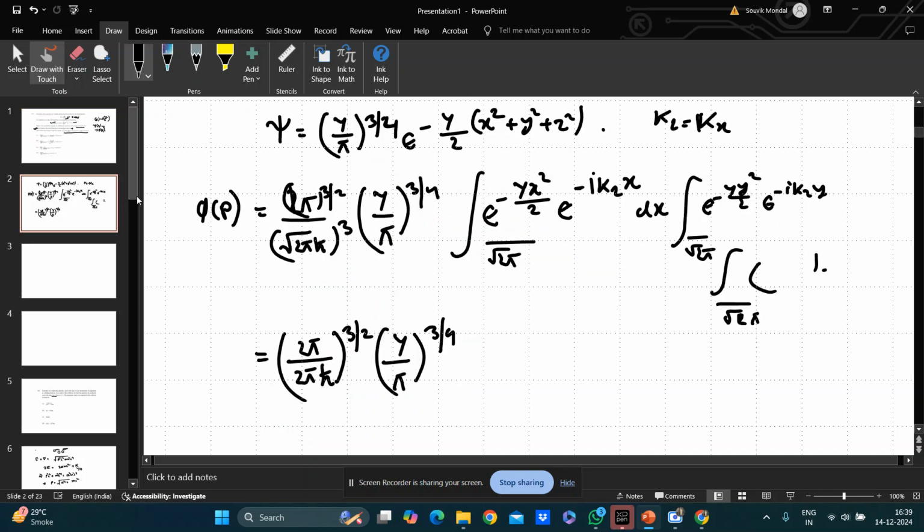So 1 by root under gamma, 1 by gamma to the power 3 by 2, since there are three terms, same. So e to the power minus 1 by 2 gamma k squared, where k1 squared plus k2 squared plus k3 squared is k squared.